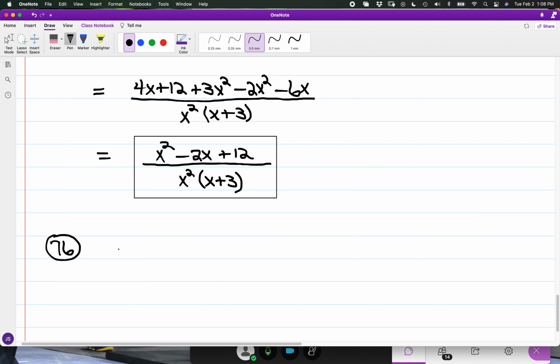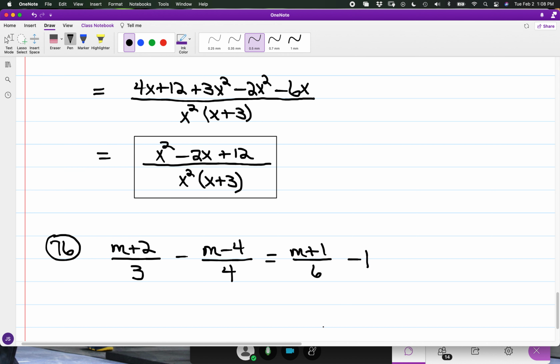Okay, so here we have m plus 2 over 3, minus the ratio m minus 4 over 4, equal to m plus 1 over 6, then minus 1.